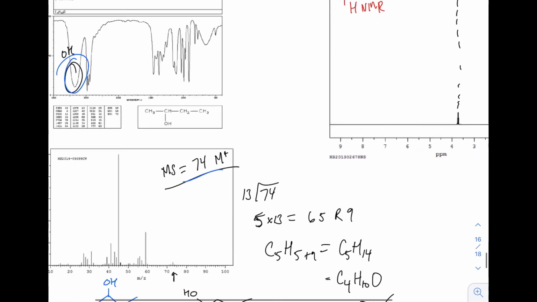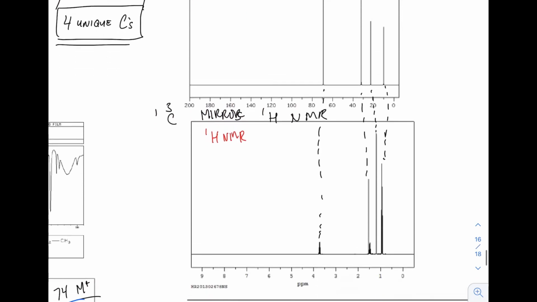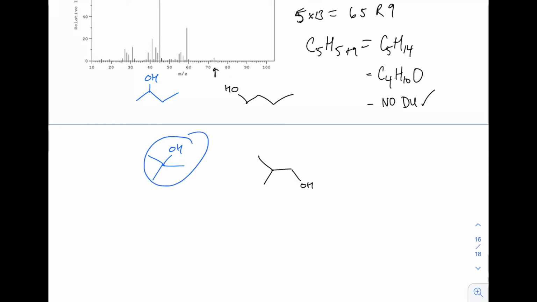And so what we can do is use the proton NMR and carbon NMR to determine the number of unique resonances. If we were going to say this one as an option, you can see that there's only two unique resonances because this guy and this guy are all the same. And so this only has two unique hydrogens.